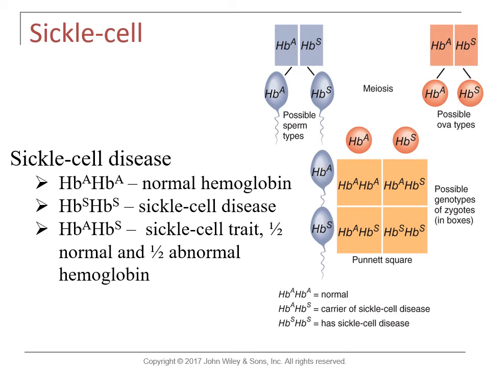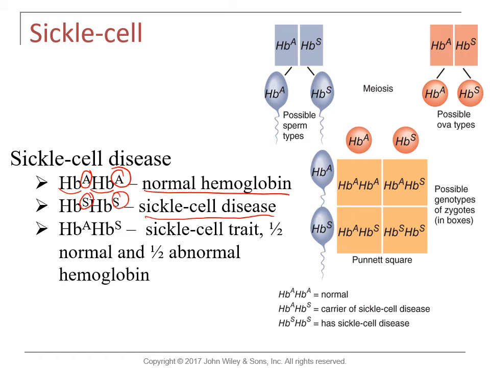Sickle cell is a group of disorders that cause red blood cells to become misshapen and break down. People with the homozygous dominant genotype, the first one, where Hb is for hemoglobin, and we're looking at capital A, have normal hemoglobin. Those with the homozygous recessive genotype, capital S, have sickle cell disease and severe anemia.